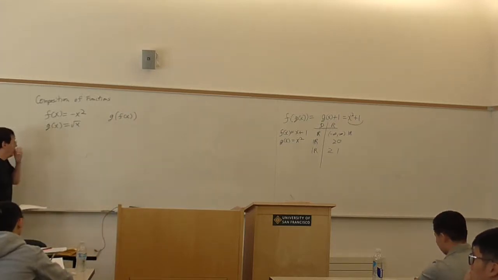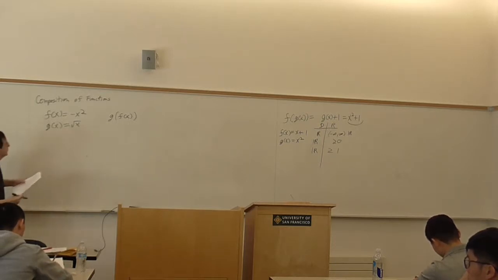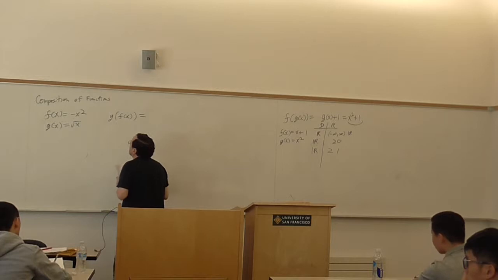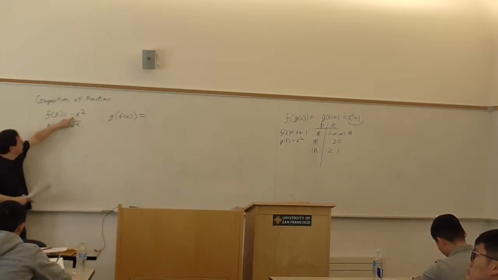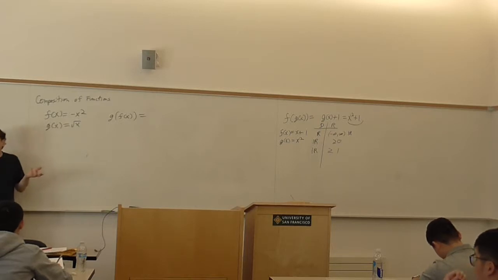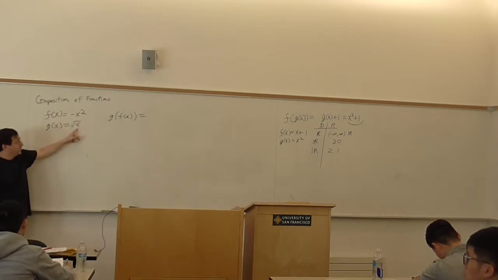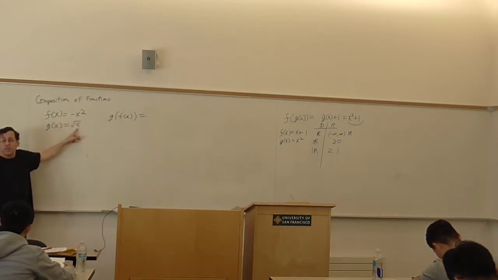Okay. Well, let's look at these first. So the domain on f of x is, of course, still all reals. You can plug in any value. The domain on g of x is not. It has to be greater than or equal to 0.